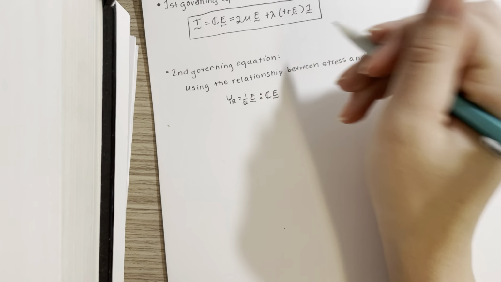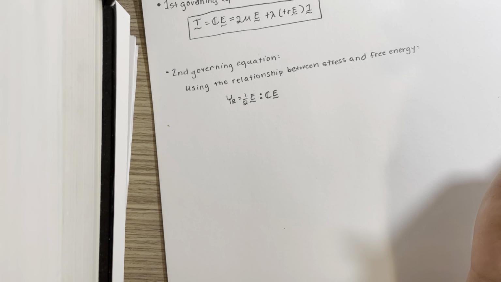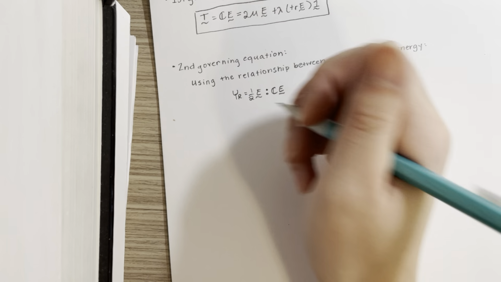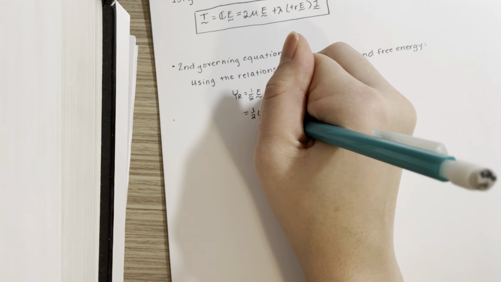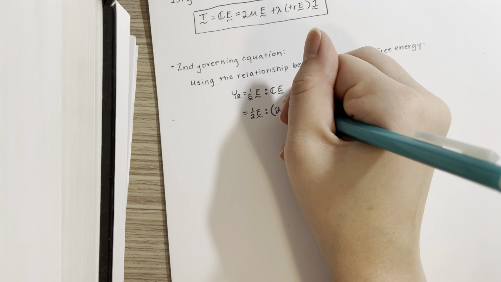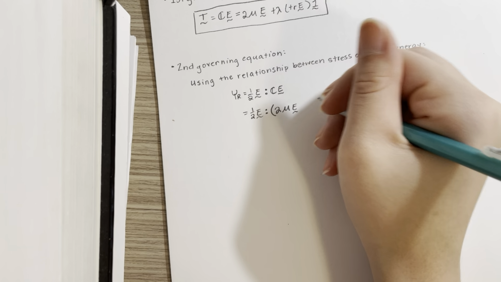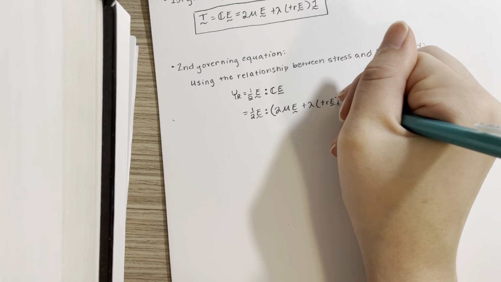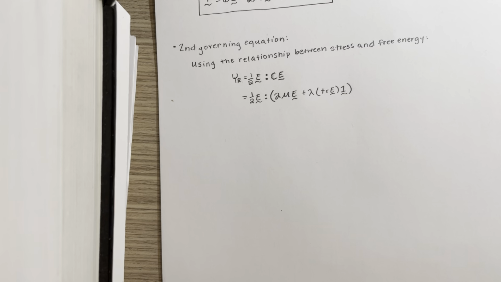Now from above, we can substitute in what we have for our stress tensor, which is CE. So we have 1/2 E double dotted with this quantity, 2 mu E plus lambda trace of E times the identity tensor.